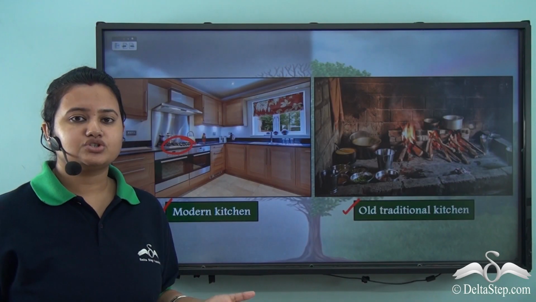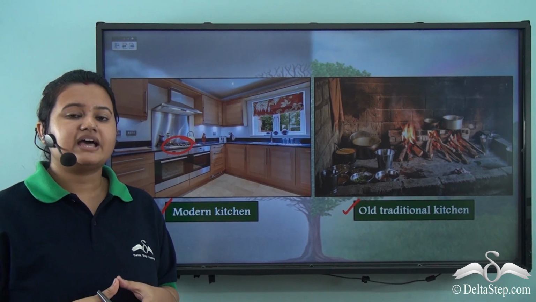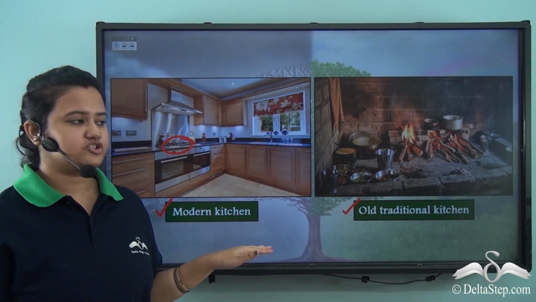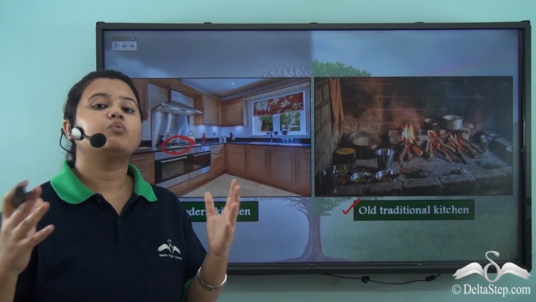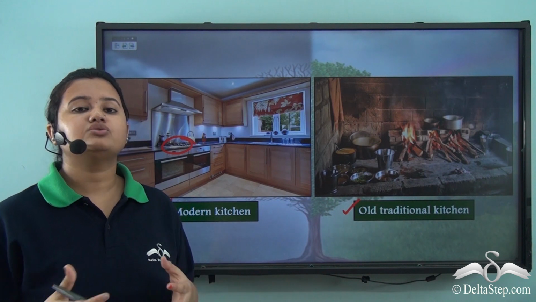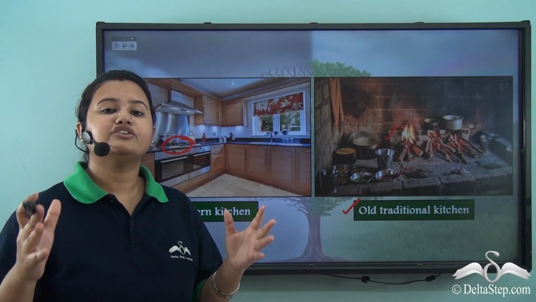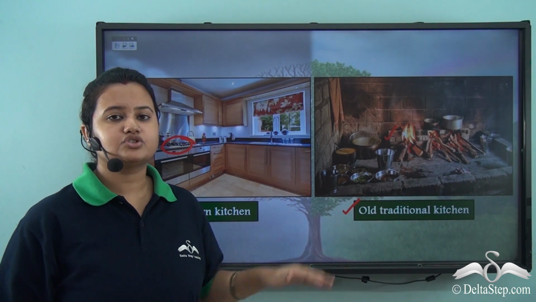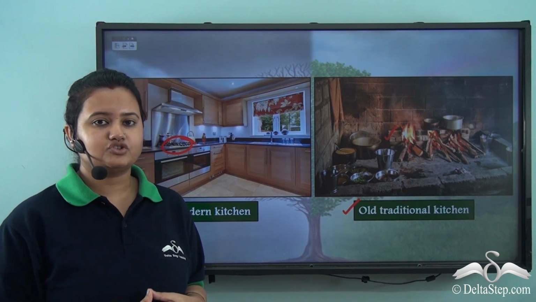Now these gas stoves, induction and microwave are modern gadgets and they are used in modern kitchens. But in earlier times, these technological devices were not available and they used to cook food in earthen stoves. Now the fuels used in earthen stoves were charcoal, cow dung cakes, firewood, etc.